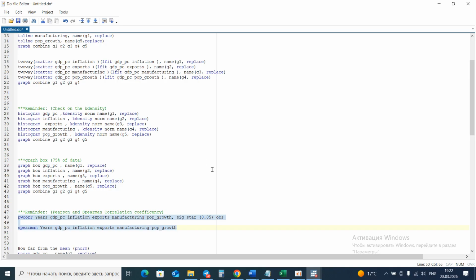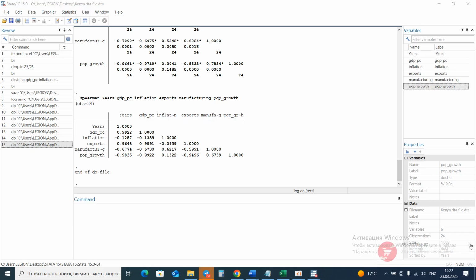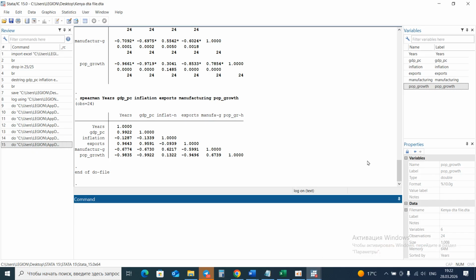And this test indicates the strength and statistical significance of relationships among variables, with key predictors such as exports and manufacturing showing strong positive correlation with GDP per capita, while inflation exhibits a negative association.